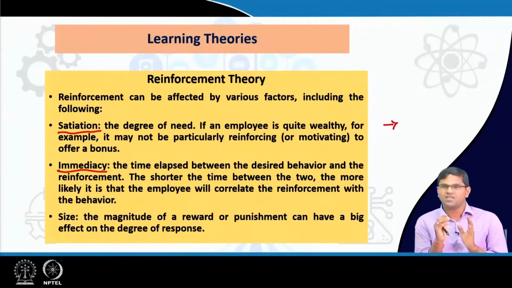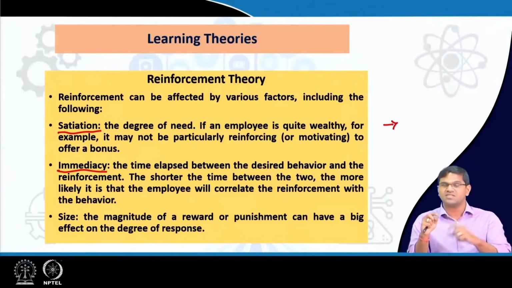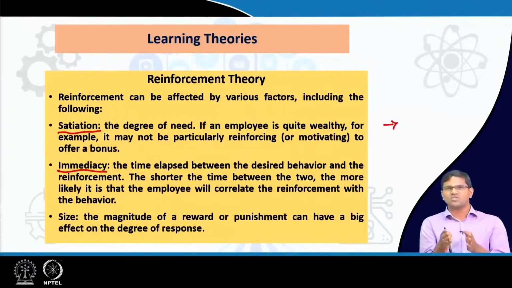Or let's say some employees are not reaching their workstations, and the first hour productivity bonus is not provided to the workers. They will associate that if they are not coming on time, this is going to be reflected. So the time between the reinforcement and the desired behavior has a lot of impact on the repetition of the behavior. It should always be very close between the reinforcement and the desired behavior we are expecting.